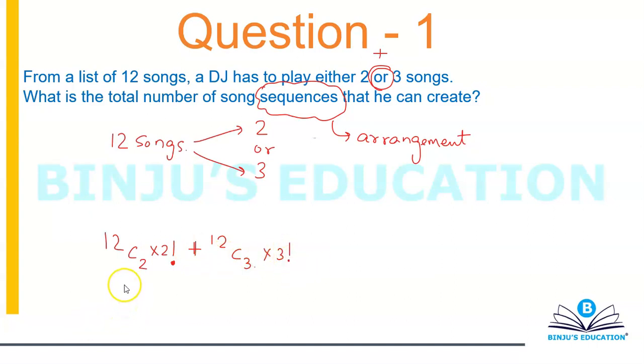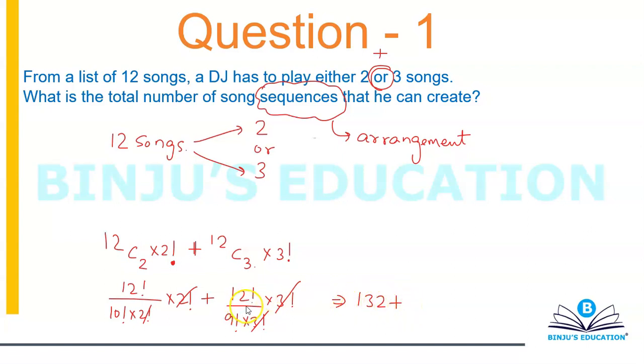So this will basically become 12 factorial by 10 factorial into 2 factorial into 2 factorial in the numerator, and this is 12 factorial by 9 factorial into 3 factorial into 3 factorial. This cancels out, this cancels out. So we will have 11 into 12, that will be 132.